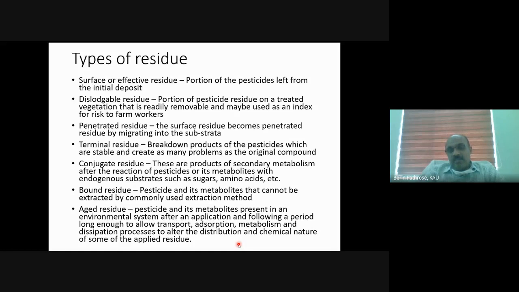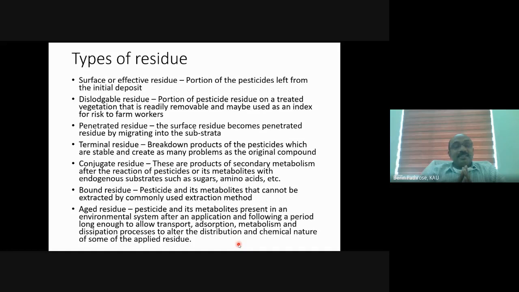It can be from fruits, vegetables, spices, cereals, etc. We use different kinds of methods to extract the pesticide, but there are certain pesticides which are not easily extracted from the substrate, and these residues are called bound residues, which are not easily extracted from the commodity.